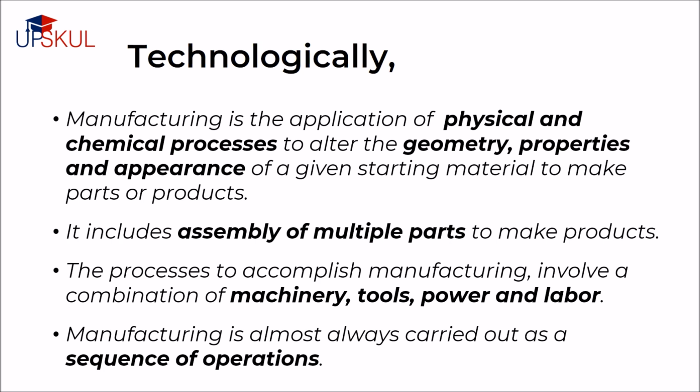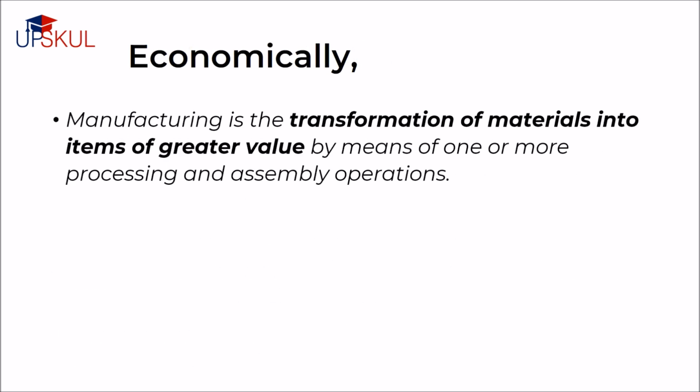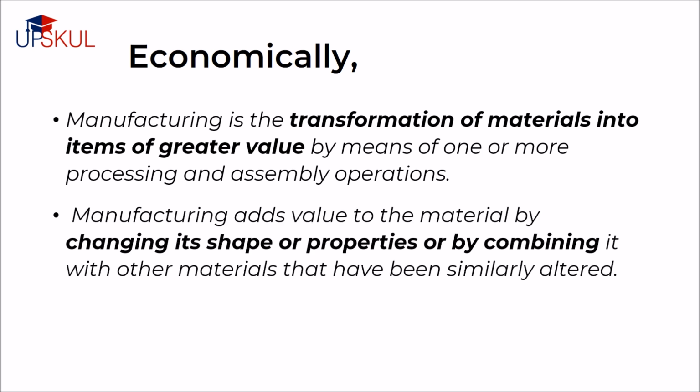Economically, manufacturing is the transformation of materials into items of greater value by means of one or more processing and assembly operations. The key point is that manufacturing adds value to the material by changing its shape or properties or combining it with other materials that have been similarly altered.